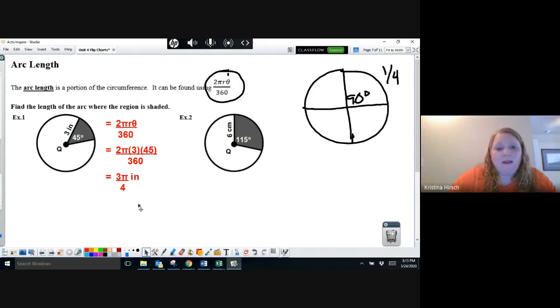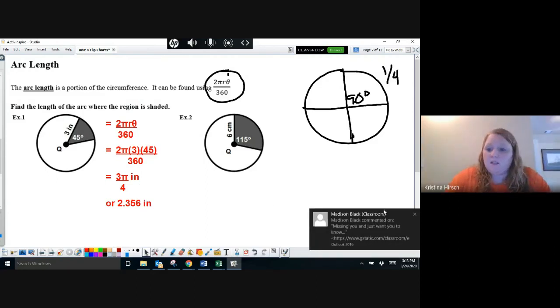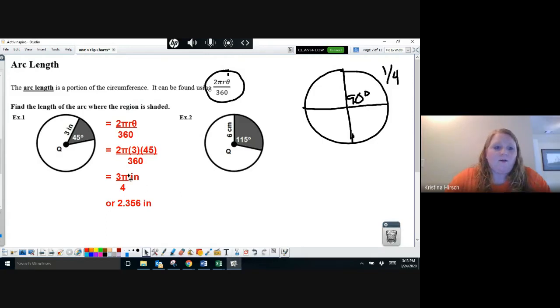And so then I put that in my calculator using n over d, and then I can look at that in pi, as a fraction, or as a decimal. So if you use the n over d button on your calculator, it's going to give you 3 pi over 4, and then you can hit the convert button and get the 2.356. All right, so that's how you get that.